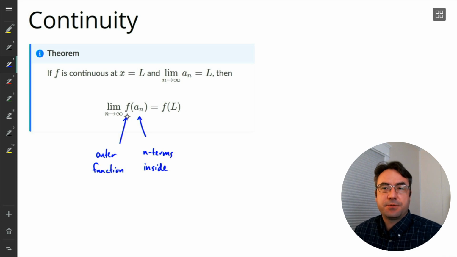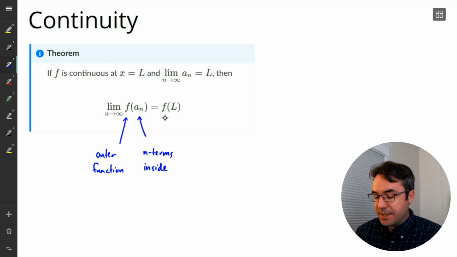So how we're going to use this result is we're going to be presented with a sequence where there's an outer function, and then there's going to be some n terms inside that outer function, and we want to calculate the limit. So how does this result work? Well, what it essentially says is we can take this limit and move it inside that continuous outer function.